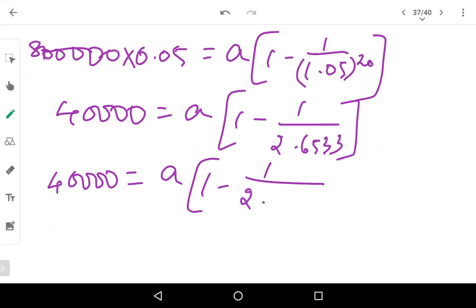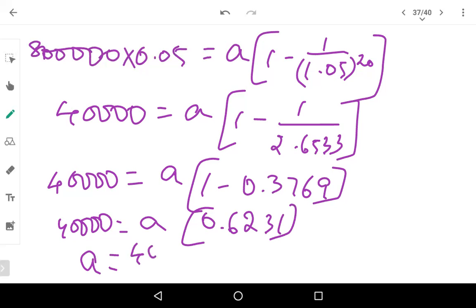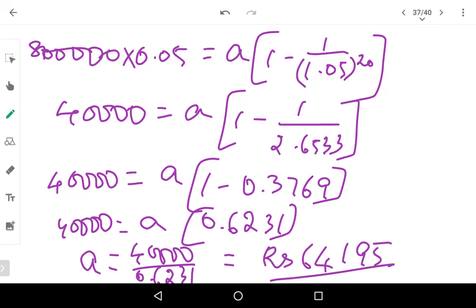Wait a second. Now, the value of 1 divided by 2.6533 will give me 0.3769. So in the next step, 40,000 is equal to A into 0.6231. So A is equal to 40,000 divided by 0.6231, which is equal to rupees 64,195.